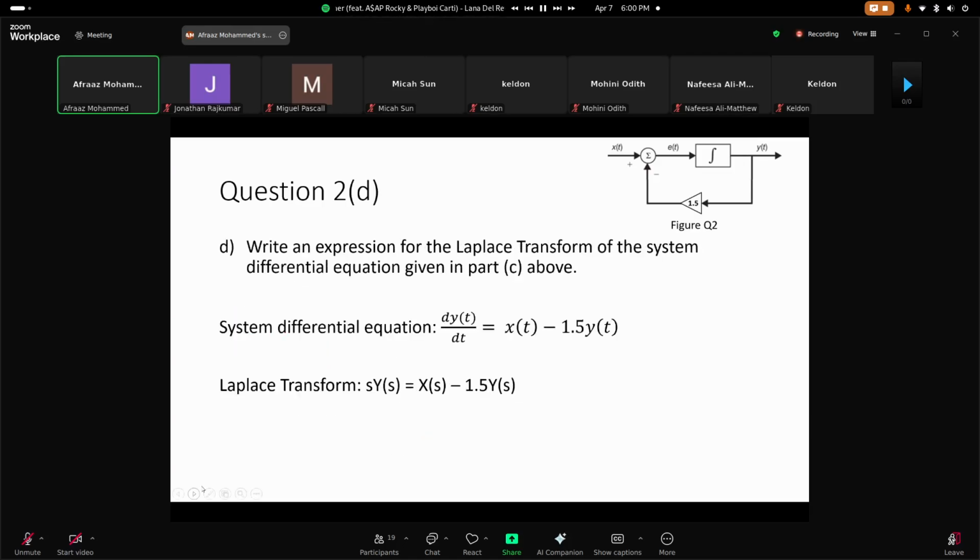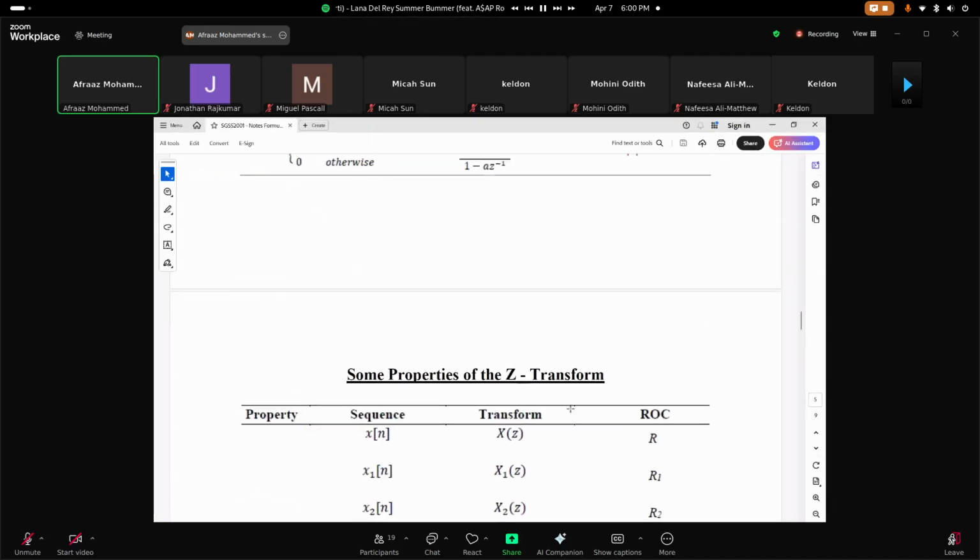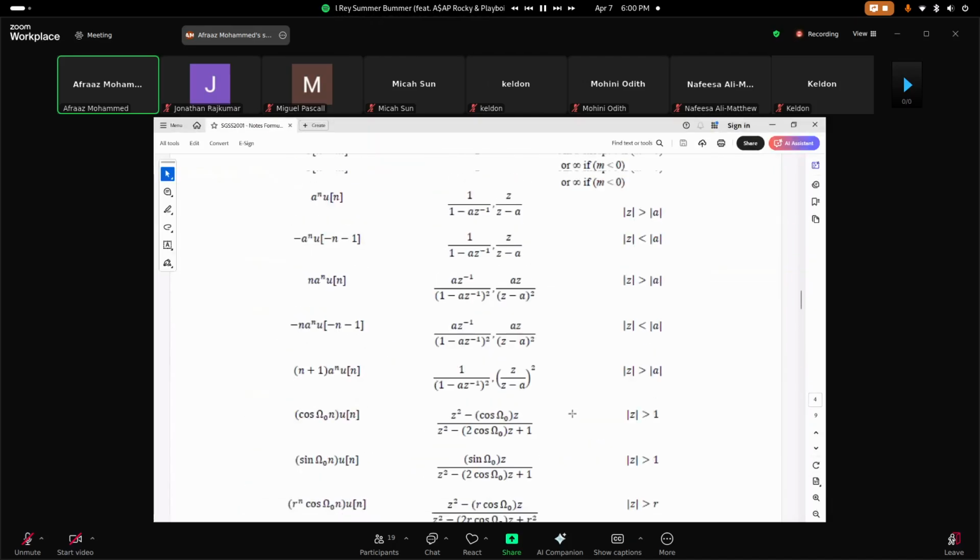Next we have to write the expression for the Laplace transform of that system differential equation. This is the differential equation from part C: dy of t/dt equal to x of t minus 1.5 y of t. Let's look at the formula sheets and how we could use them. First we move to the Laplace side.